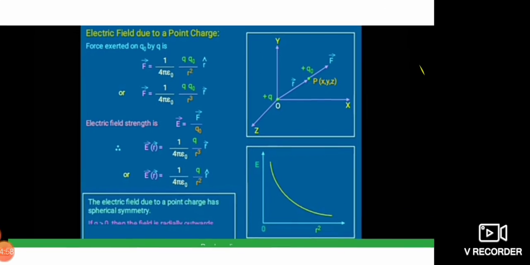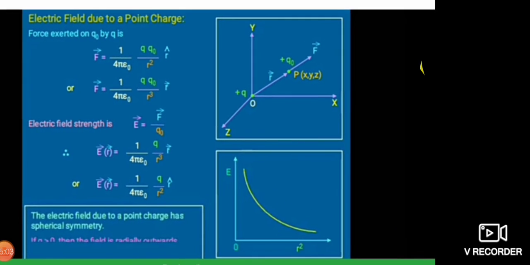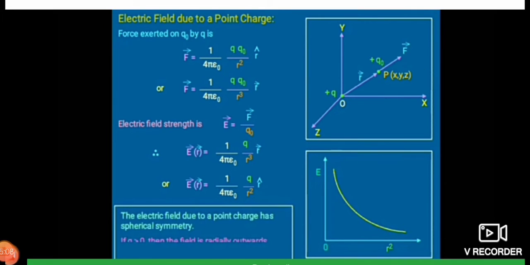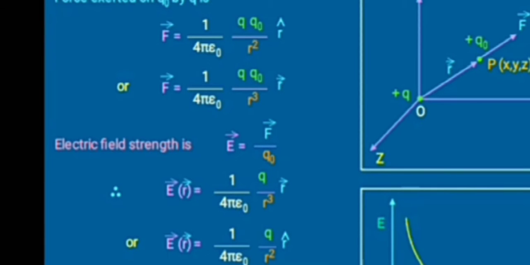Let us discuss the electric field due to a point charge. Consider a positive test charge Q0 placed at point P having position coordinates XYZ.